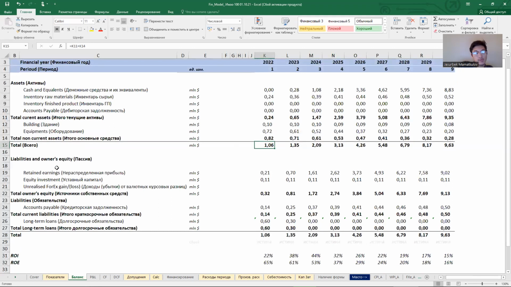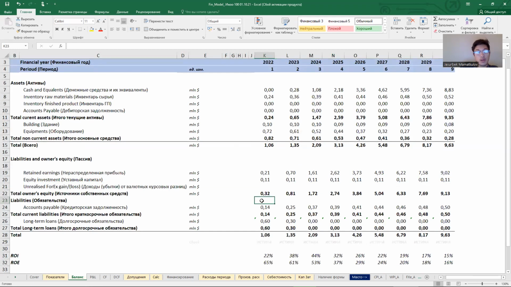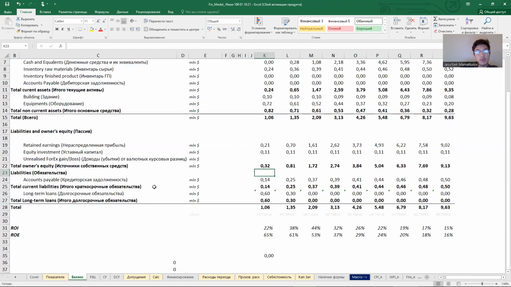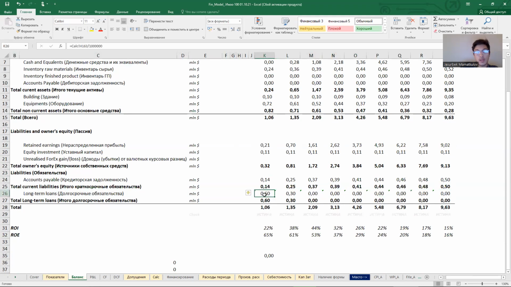So here are the liabilities and the owner's equity: retained earnings, equity investment. For example, I also put here unrealized forex gain and loss because we need to change our currency, and accounts payable. If we have long-term loans, we can put them here as well.